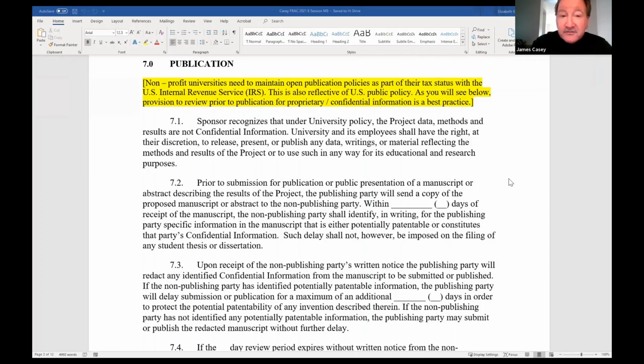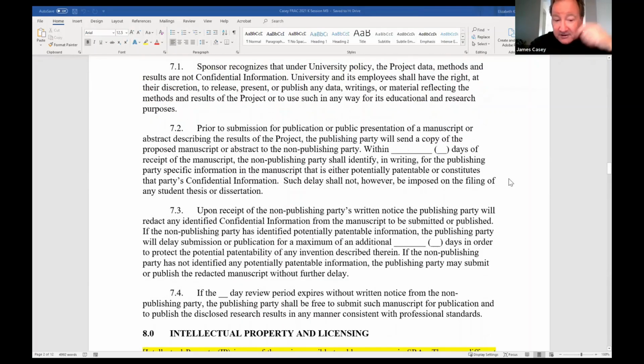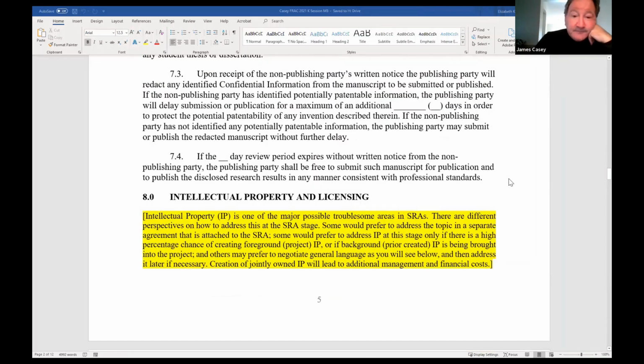But in the main, for most sponsored research, I'm not talking highly specialized security work, which is an entirely different session in itself, nonprofit universities want to protect their status by ensuring that the faculty are publishing as much as possible. So we can scroll down. What you'll see here in clause 7 is some sample language on publication, and we can move on into the contract a little bit further.